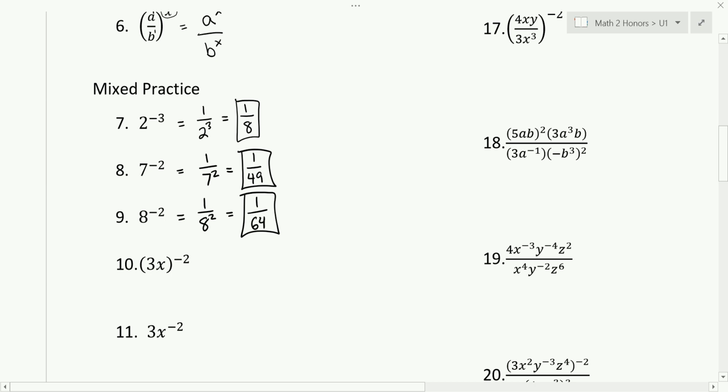Look at 10 and 11. Should those both give you the same answer? You sure? Just asking. I want you thinking about it. What's the difference between them?